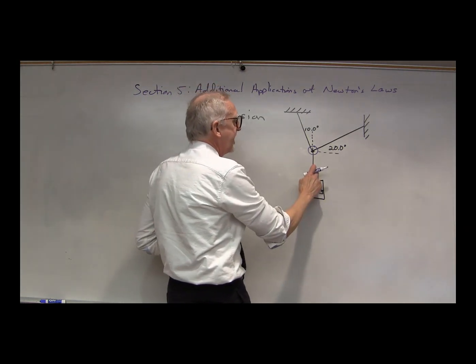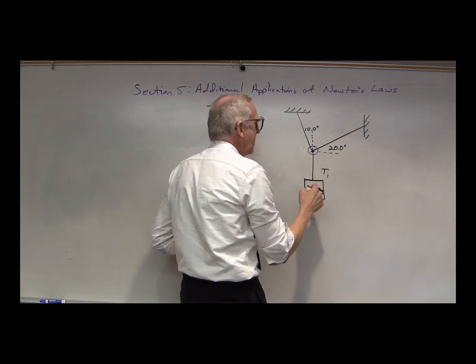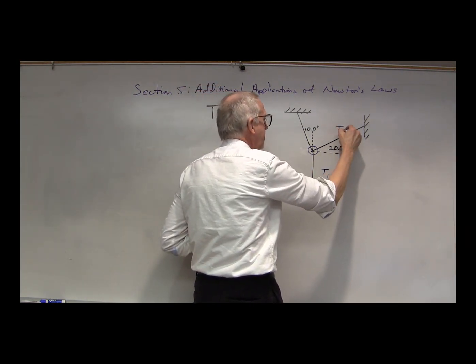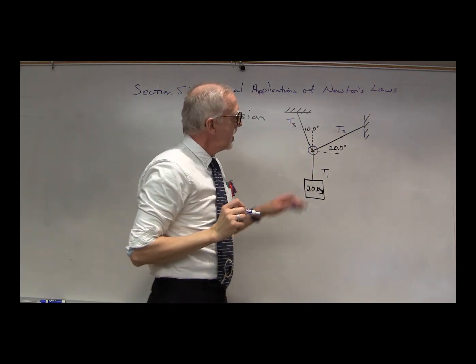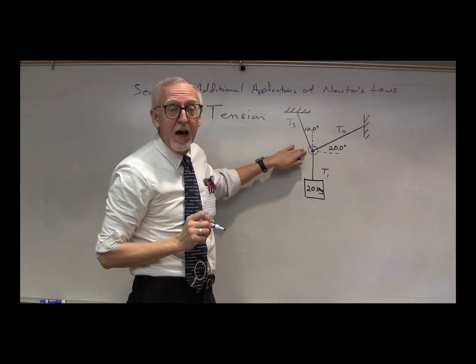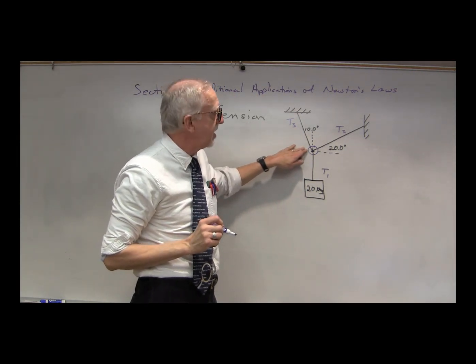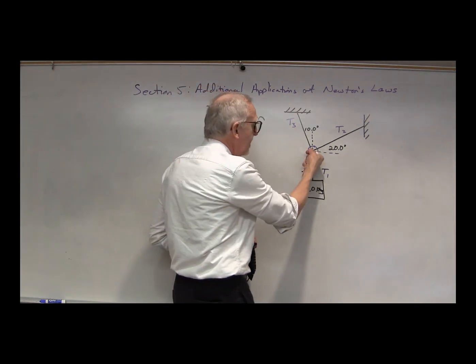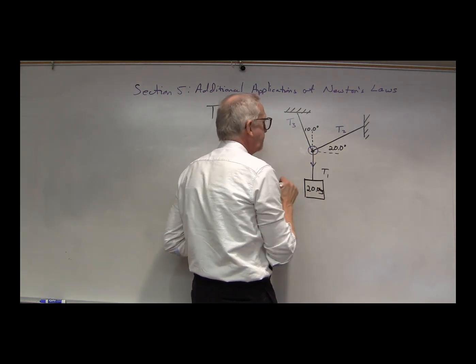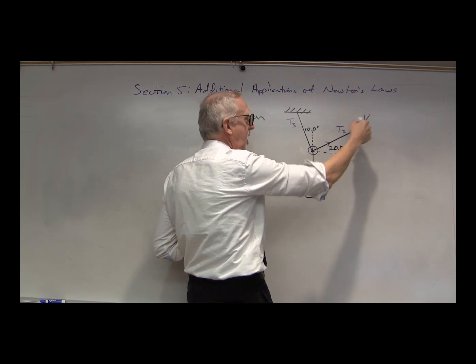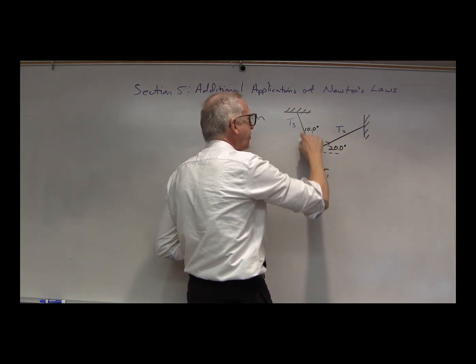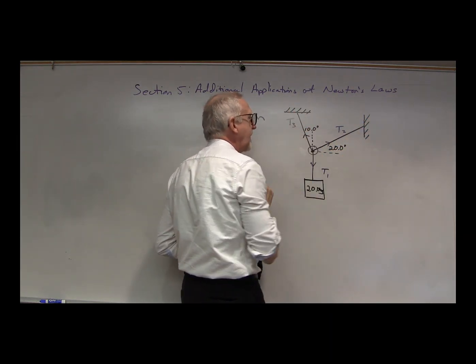Let's call this tension T1, and this tension we'll call T2, and this one we'll call T3. Okay? If we think about how these tensions are all pulling on this point, T1 is going to be pulling down. T2 is going to be pulling up and to the right. T3 is going to be pulling up and to the left.